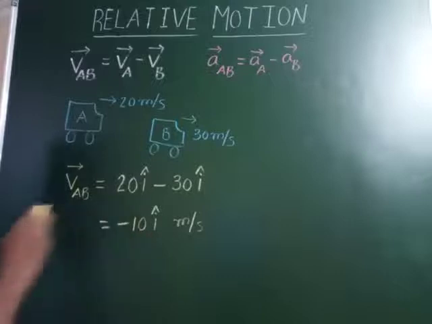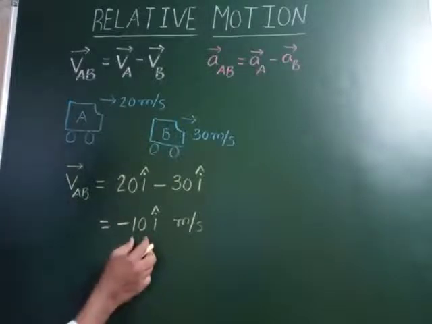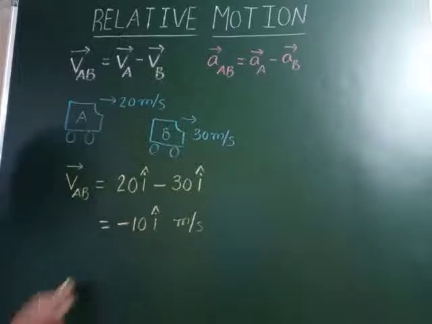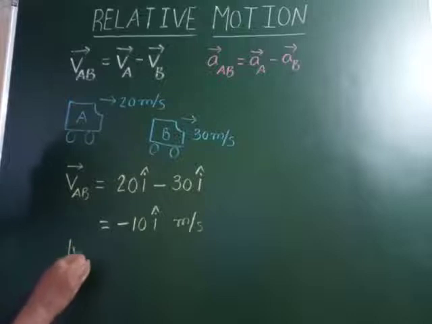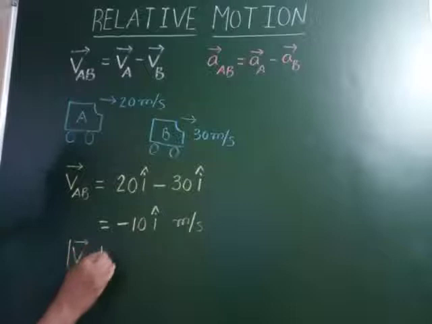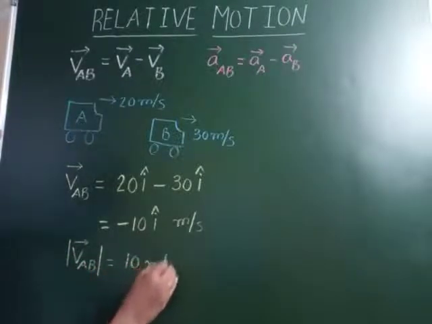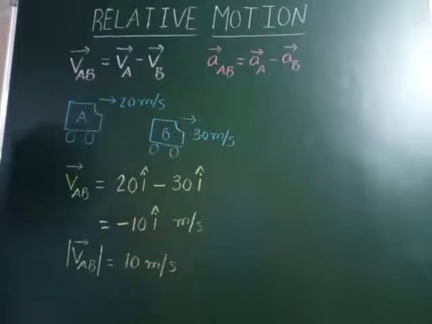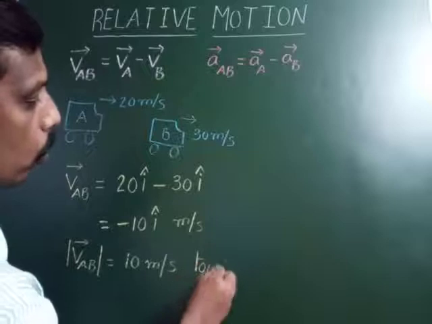Minus i cap is towards west. So velocity of A with respect to B is 10 meter per second towards west. Its magnitude is just 10 meter per second and its direction is towards west.